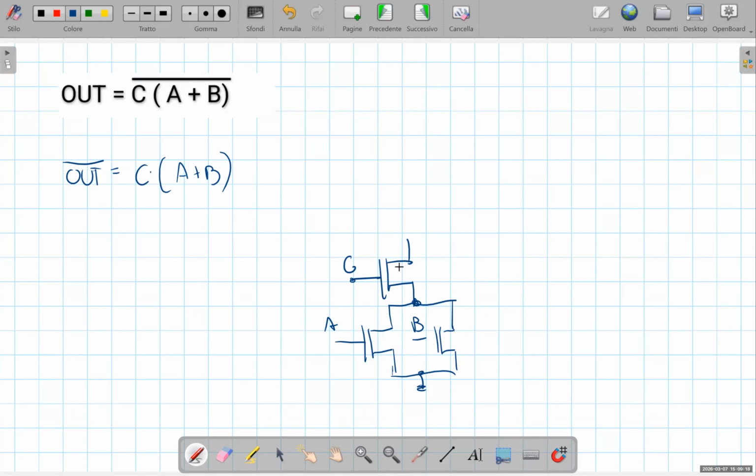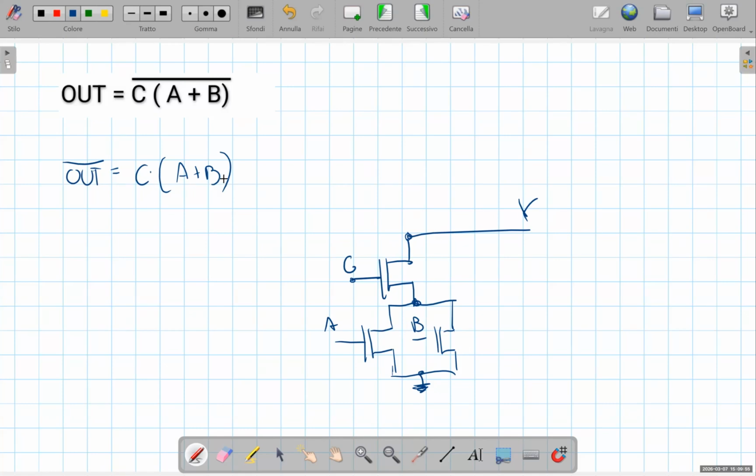The overall network from Y to reference, consisting of 1 switch in series with 2 parallel switches, is active exactly when we have C and A or B. So this pull-down network is suitable to force the low state when needed to implement this function.